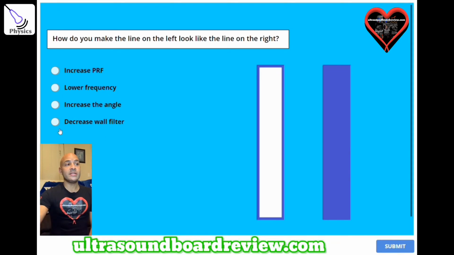The answer is D. Decrease the wall filter, because there's no color Doppler in this line where it's full in this line. So all we have to do is decrease the wall filter or PRF, Nyquist limit, or the scale to make the color fill in this line.